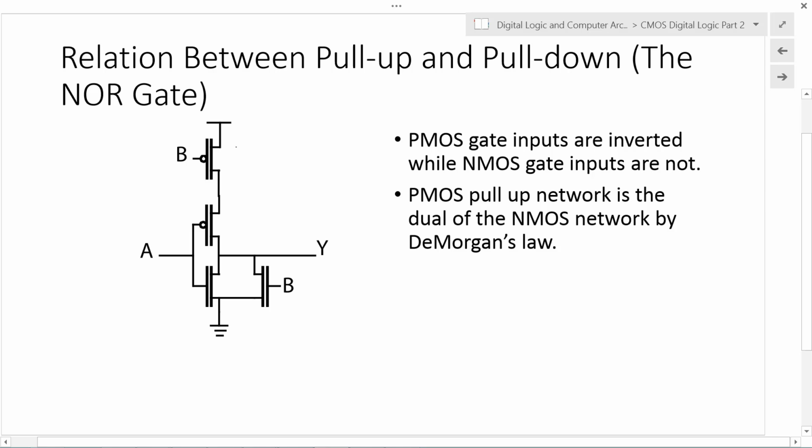Here, notice that we have PMOS in series and NMOS in parallel. So we are staying consistent with the rule that the PMOS network is the dual of the NMOS network by De Morgan's law.